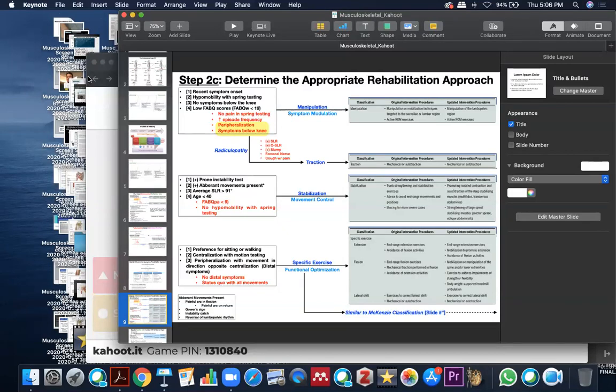But I think directional preference was more part of the McKenzie classification, which, the sense I got was, is similar to specific exercise. And then Morgan said specific exercises are different, mainly because specific exercise is really under this classification, and directional preference is for the McKenzie classification. I think that's the major difference, but they're really similar.